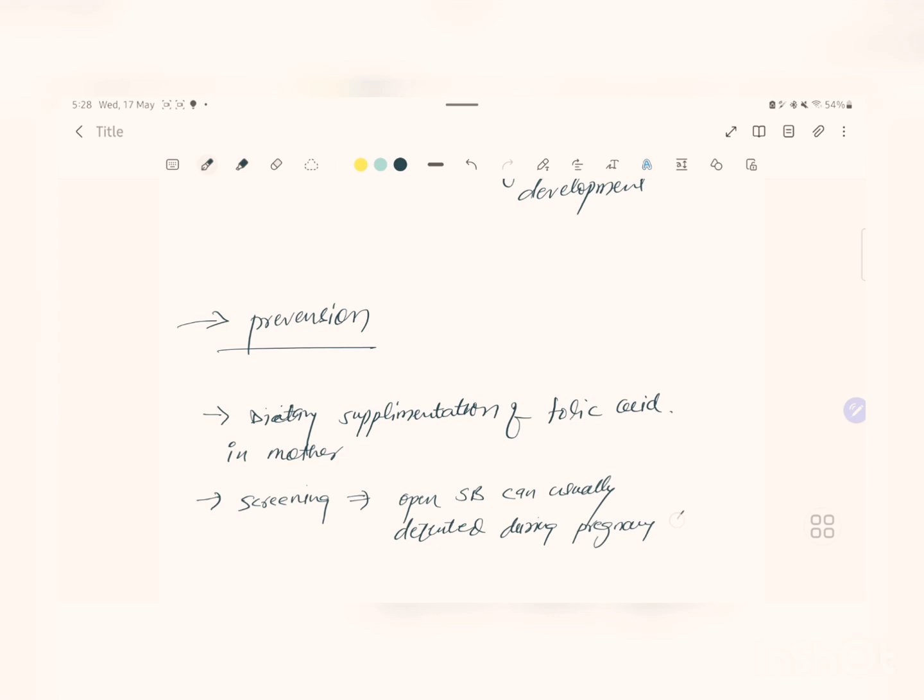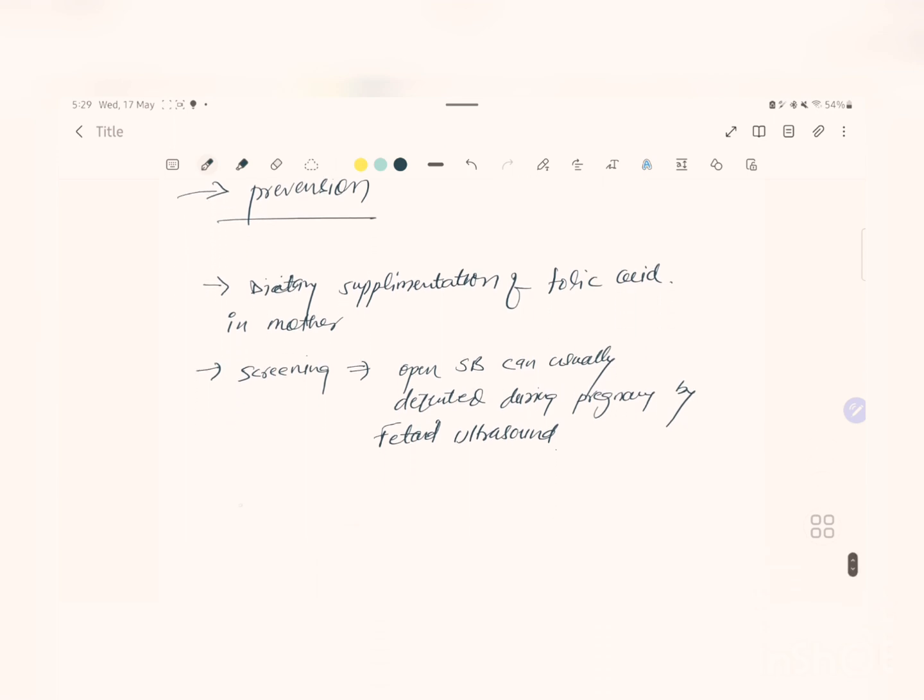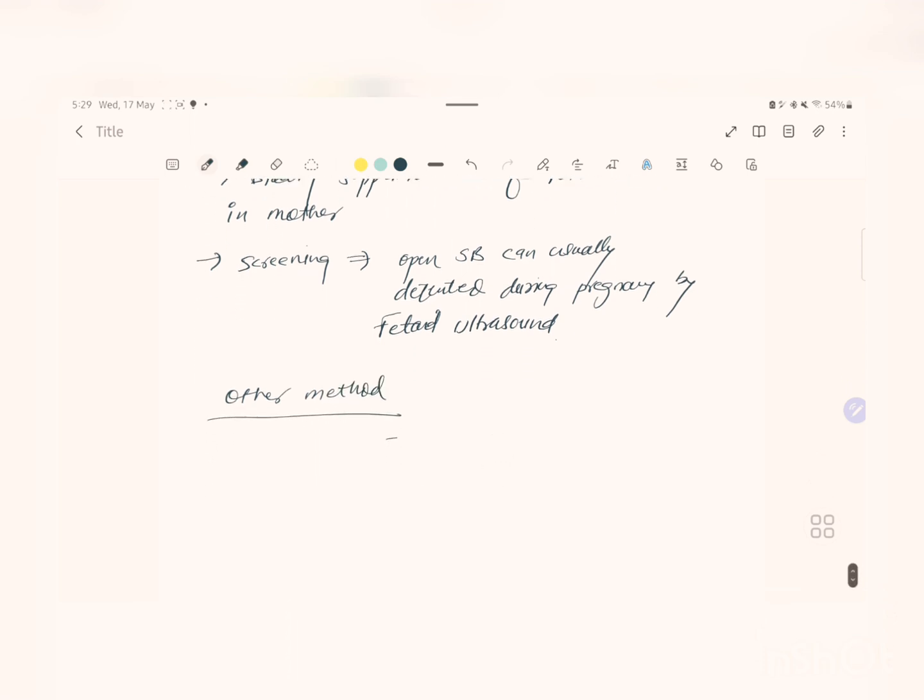So there are various ways of doing screening. It may be ultrasound, fetal anomaly scan done in the second trimester, or we can do it with other tests like alpha fetoprotein level in the maternal serum.